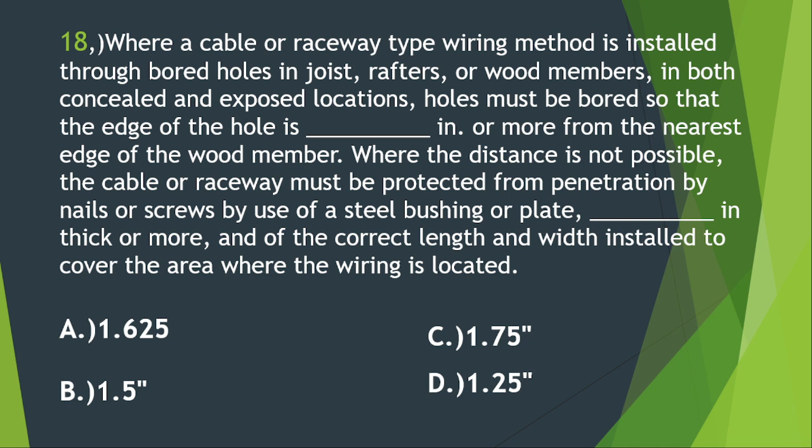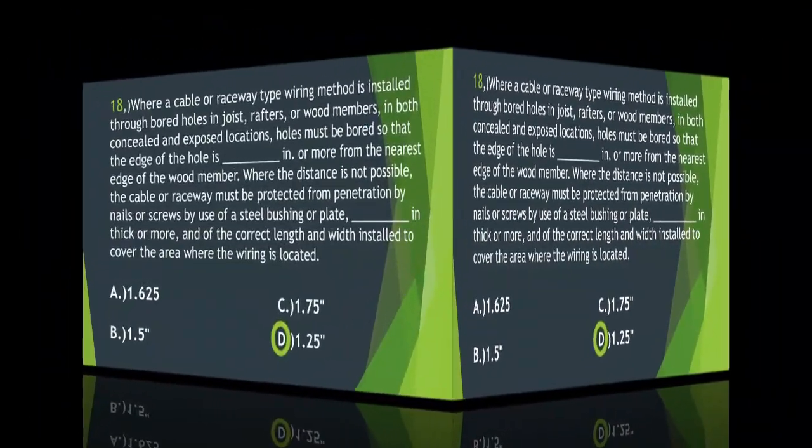Where the distance is not possible, the cable or raceway must be protected from penetration by nails or screws by use of steel sleeving or plate blank inch thick or more and of the correct length and width installed to cover the area where the wiring is located. A. 1.625, B. 1.5, C. 1.75, D. 1.25. Answer is D. 1.25.